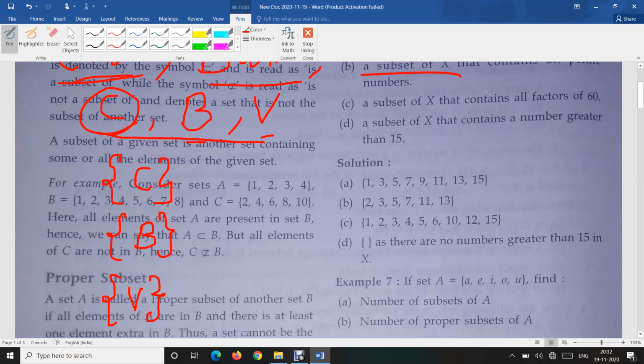Okay. Now suppose you have to choose any two out of these three flavors. Suppose you choose chocolate and butterscotch, and you have to write them in set form, that means within the curly brackets. Now suppose you choose chocolate and vanilla.